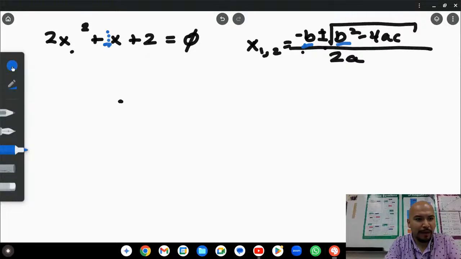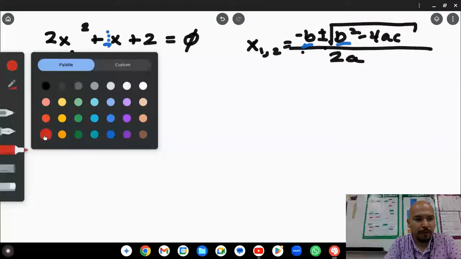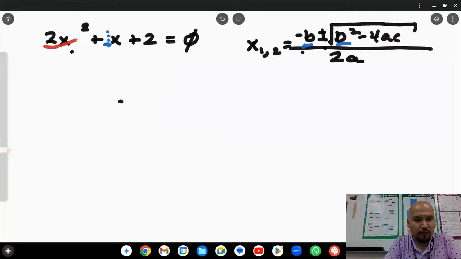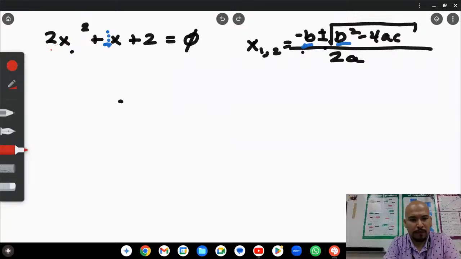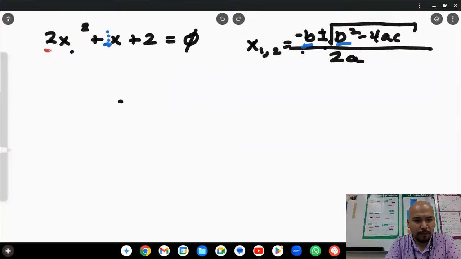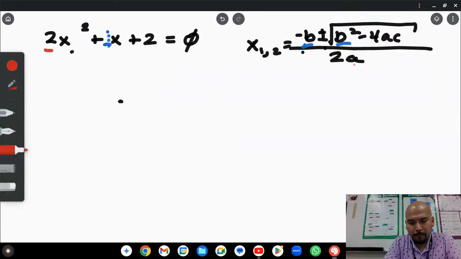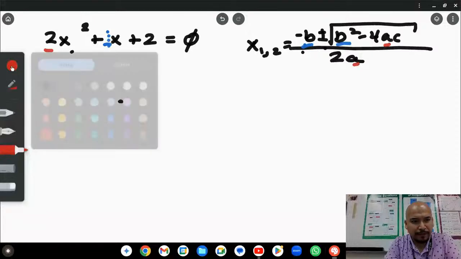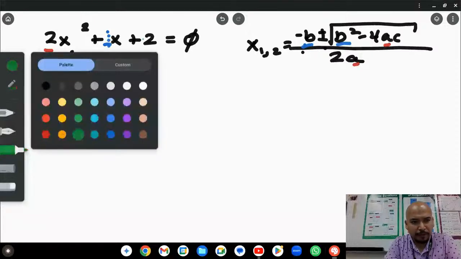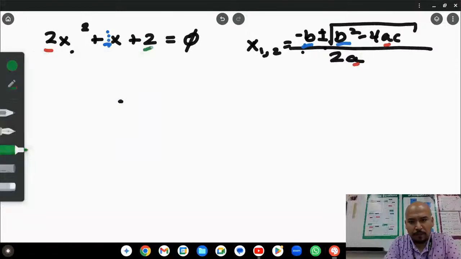For candy apple red, we're going to get a 2. And for my last one, the constant, I'm going to plug it in.